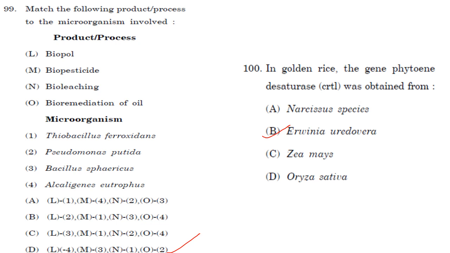Biopol, Alcaligenes eutrophus; biopesticide, Bacillus thuringiensis; bioleaching, Thiobacillus ferrooxidans; and bioremediation of oil is Pseudomonas putida. So the answer here is option D, L4 M3 N1 O2. In golden rice, the gene phytoene desaturase was obtained from Erwinia uredovora. Answer B.